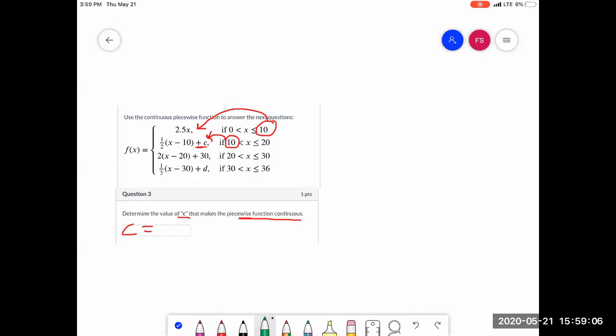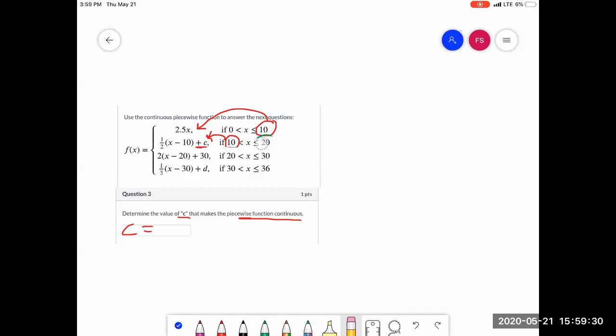And this is actually true for equation number 2 and number 3. If I plugged in 20 to equation number 2, where the interval ends, and I plug in 20 to equation number 3, where the new interval begins, if it's continuous, I should get the same answer. So we're just going to do this for equation number 1 and number 2.